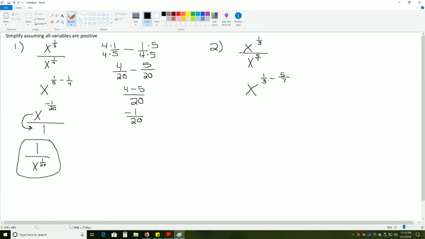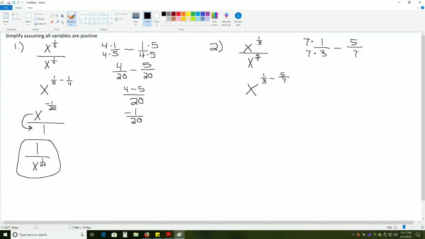And again, we need a common denominator to subtract these, so we have 1/3 minus 5/7. The least common denominator between 3 and 7 is 21. So we're going to multiply this 3 by 7 to get that 21 in the denominator of this fraction. And when we multiply the denominator by 7, we also have to multiply the numerator by 7. Now we'll repeat the same thing over here.